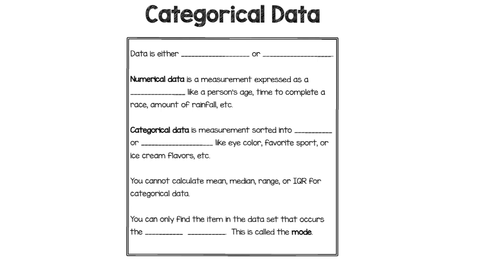All right, hey guys, so we're going to talk about the different kinds of data that we have and then another way to represent our data. So data that we have is either numerical or categorical.